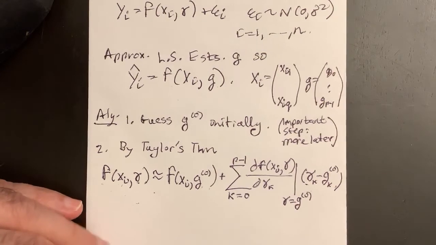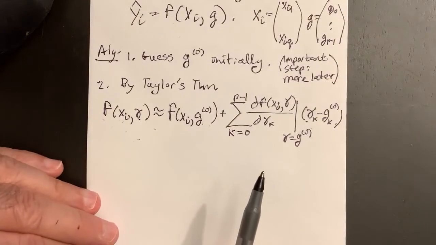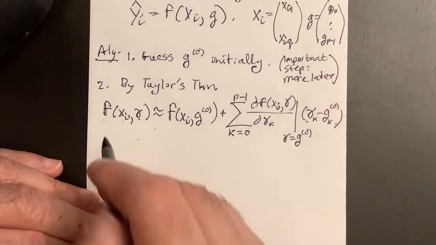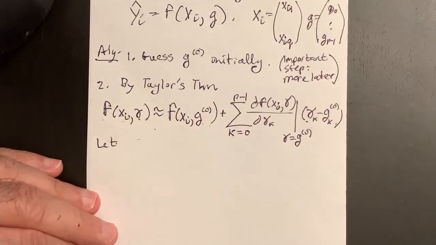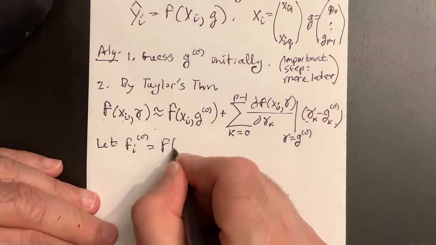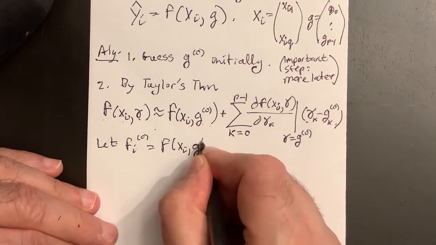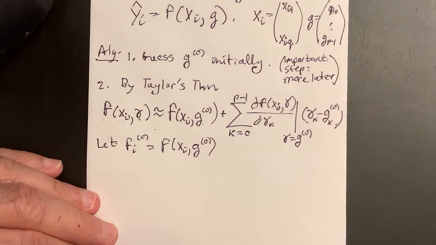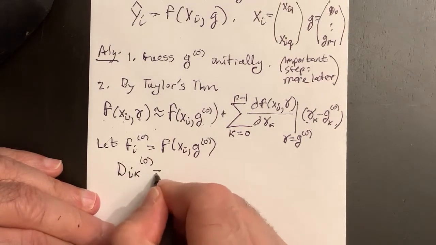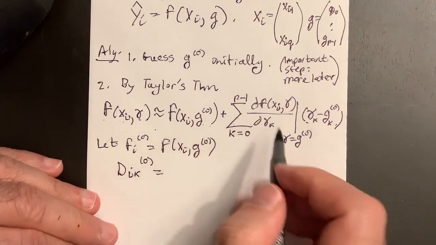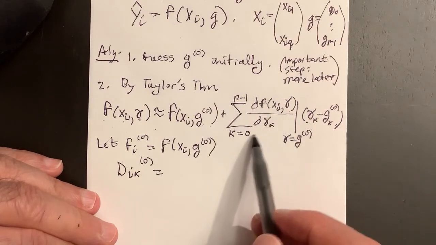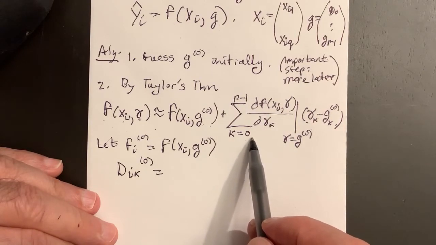Now we make some notation changes just so we can see things a little easier. Let fi0 equal f, just to simplify this notation. Let dik0 equal this whole piece, for the kth one.